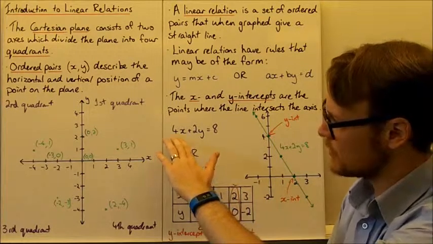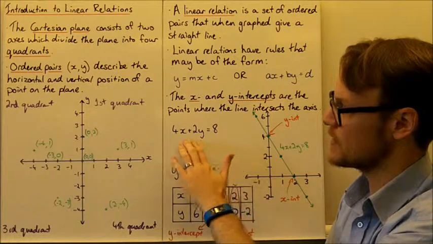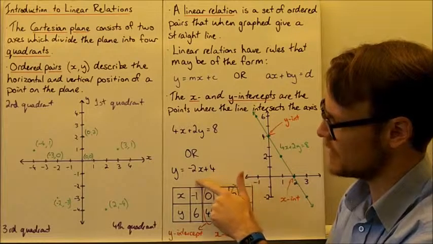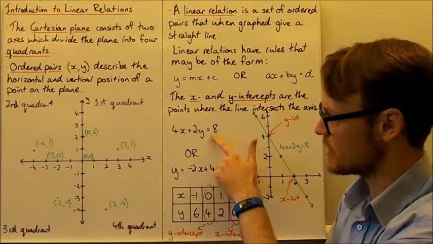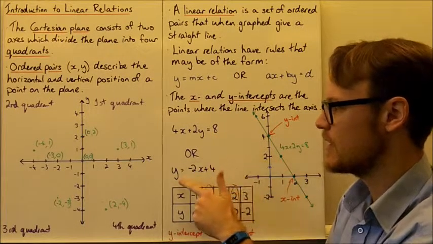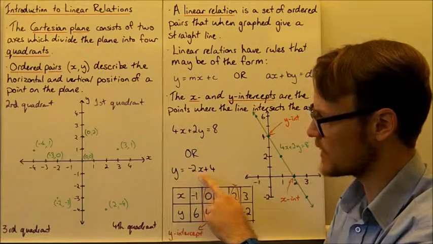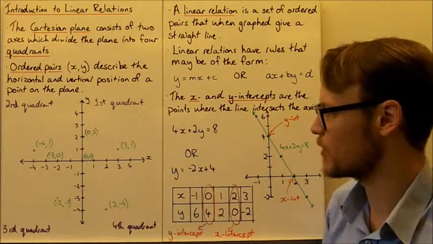So for example, if we've got this linear relation here, 4x plus 2y equals 8, we can express that exact same linear relation in the y equals mx plus c form, y equals -2x plus 4, and we just do that by rearranging.